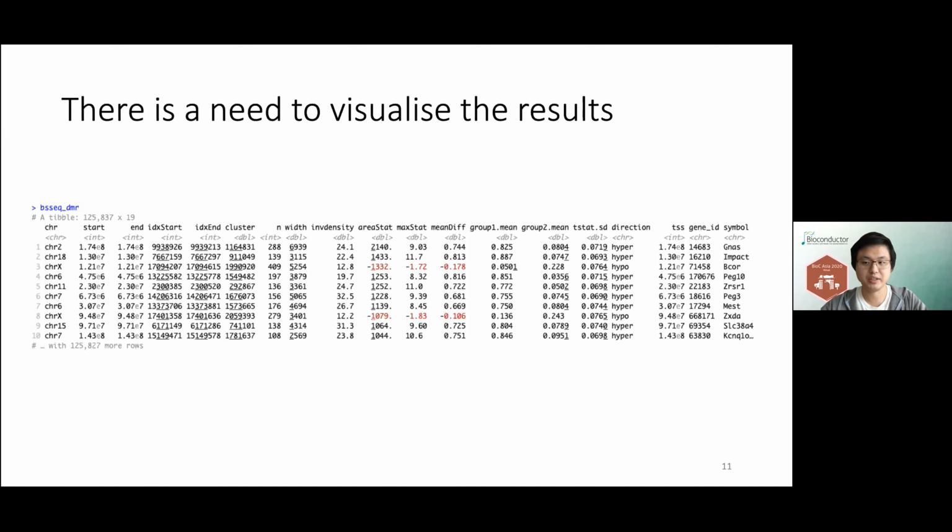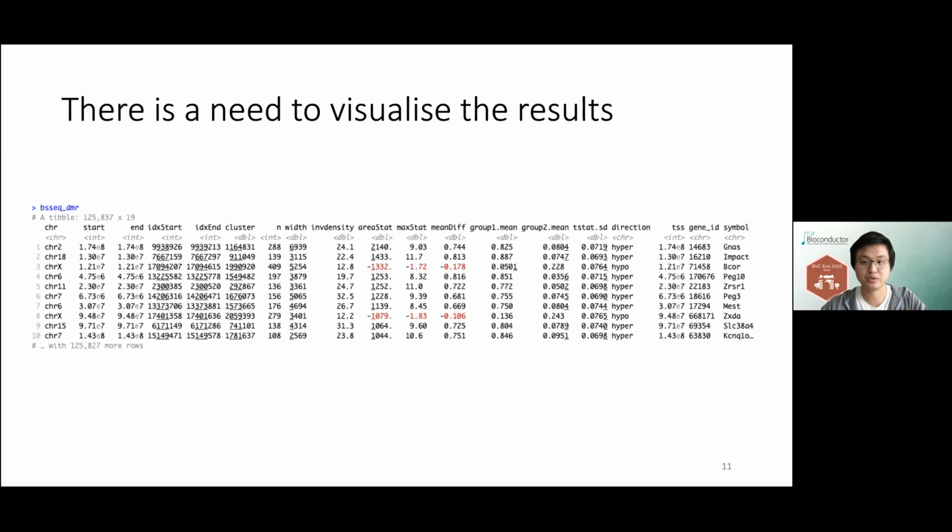Because we're using a new technology, we always want to verify the validity of these results. If you just look here, it basically tells you, for example, in the first row, that the GNAS gene is hypermethylated in one sample relative to the other. I guess it's a bit difficult to trust these results without seeing a visualization of it.